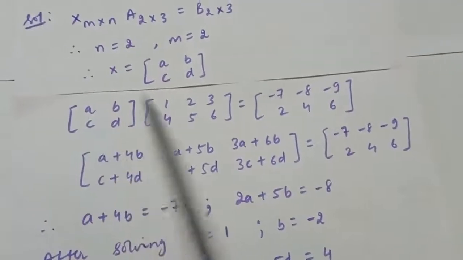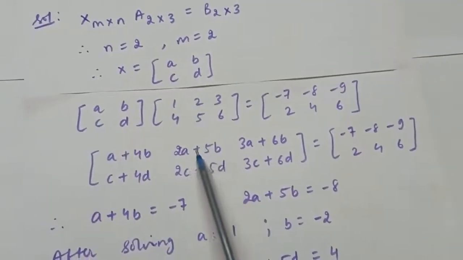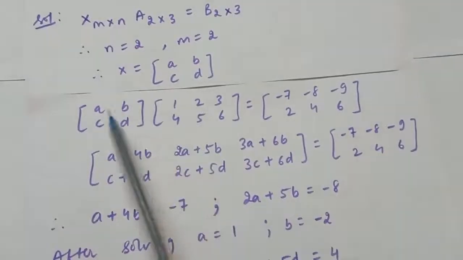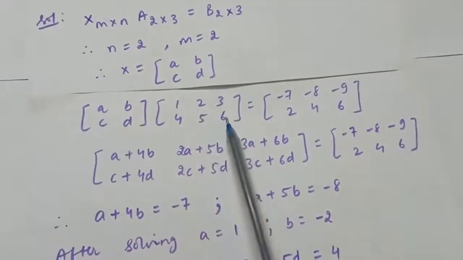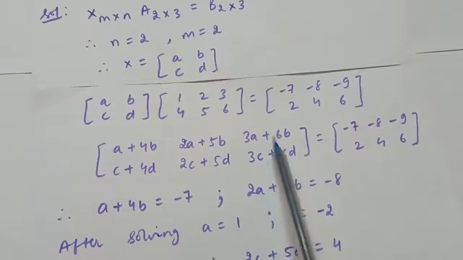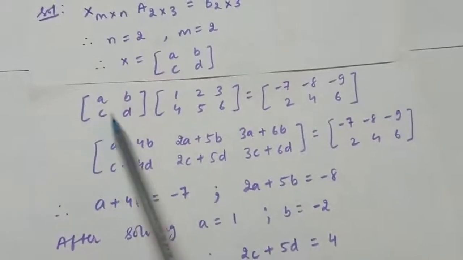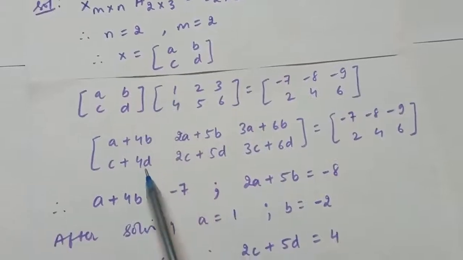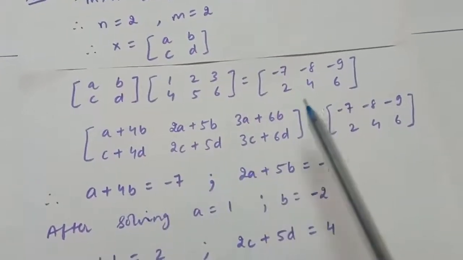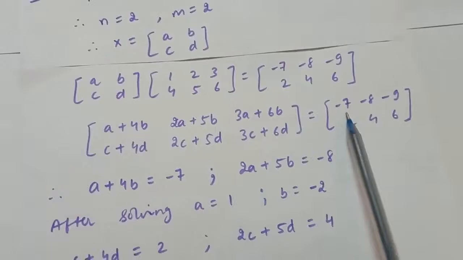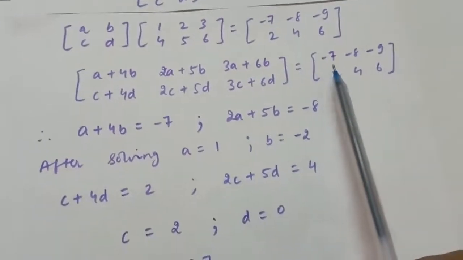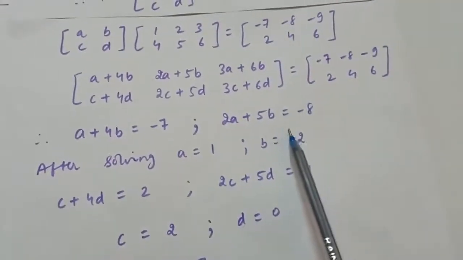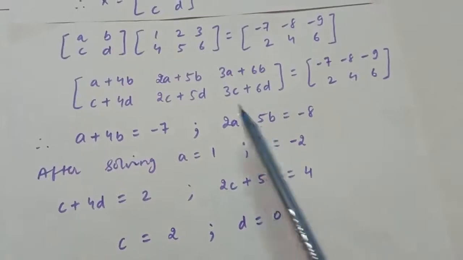First row with the second column to get this element, and first row with third column to get this element a13, and similarly this second row with the first column to get the element a21, and so on. Now because this matrix is equal to this matrix, corresponding elements will be equal. We want to find the values of a, b, c and d.